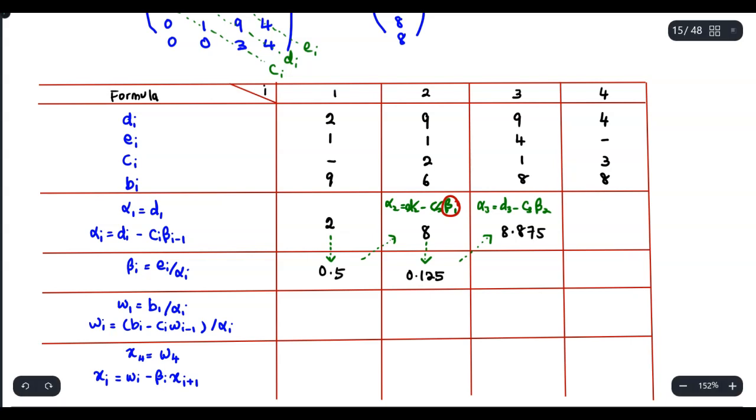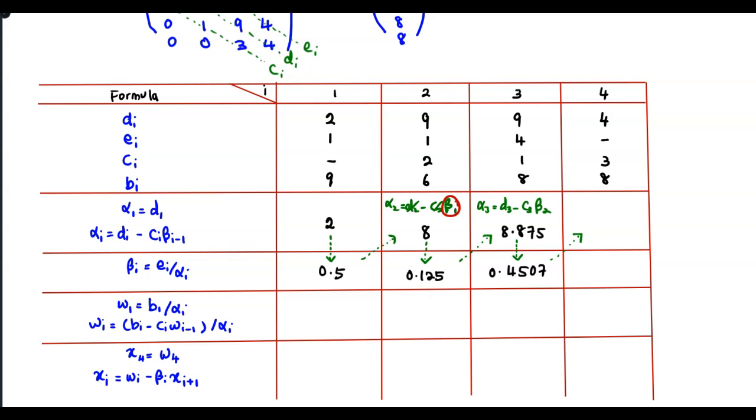Similarly, now we already know the pattern, so we go down first to get beta 3, which is E3, 4 over alpha 3, so 4 over 8.875, and we are supposed to get 0.4507.